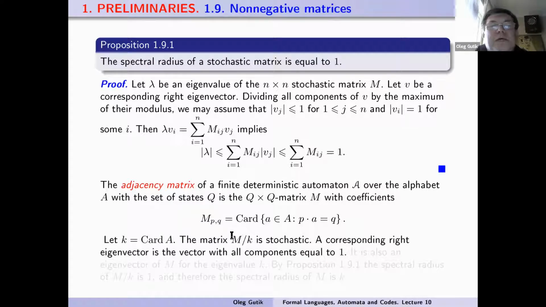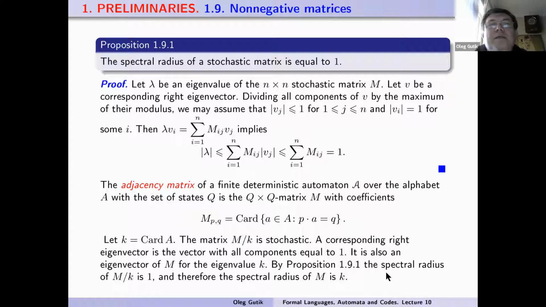A corresponding right eigenvector is the vector with all components equal to 1. It is also an eigenvector of the matrix M for the eigenvalue K. By the proposition, the spectral radius of the matrix M divided by K is equal to 1, and therefore the spectral radius of the matrix M is K.